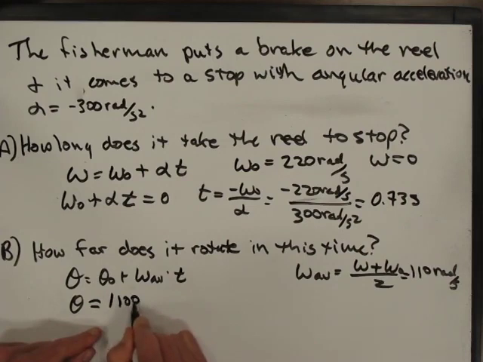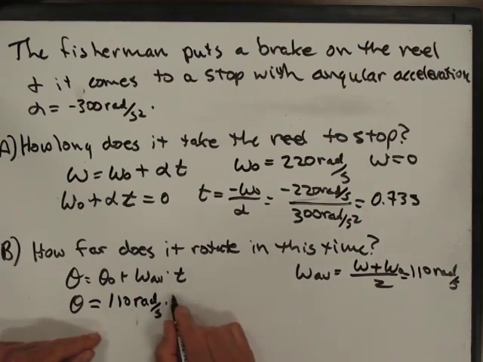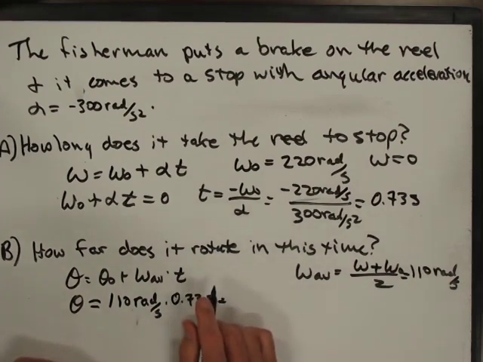And this is 110 radians per second times 0.73 seconds.